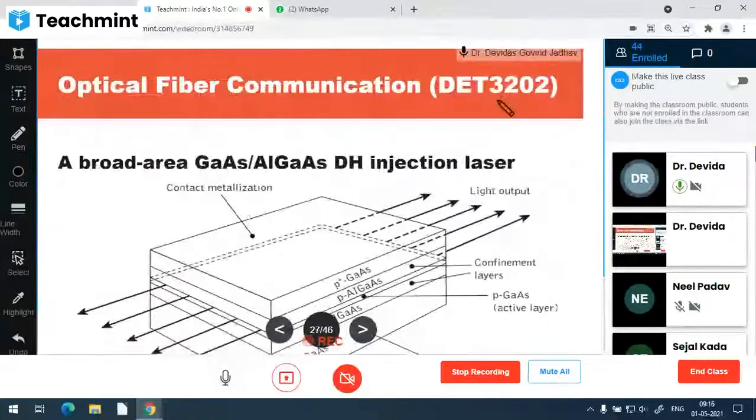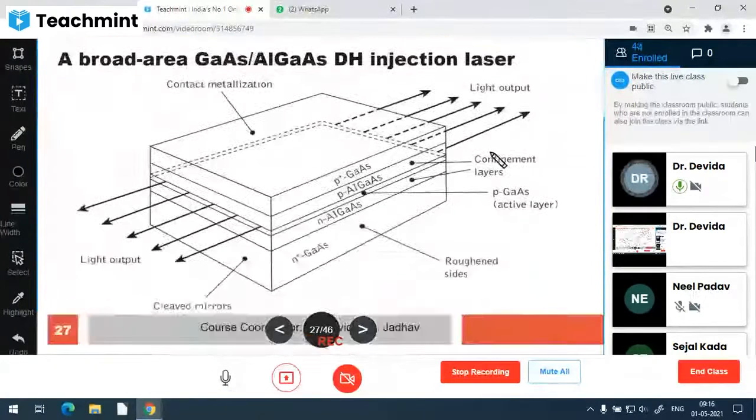So this is the constructional detail of a broad area GaAs, AlGaAs double heterojunction injection laser. So the material used is gallium arsenide and aluminum gallium arsenide. Again, if you observe here, for making different layers, different alloy combinations are used.